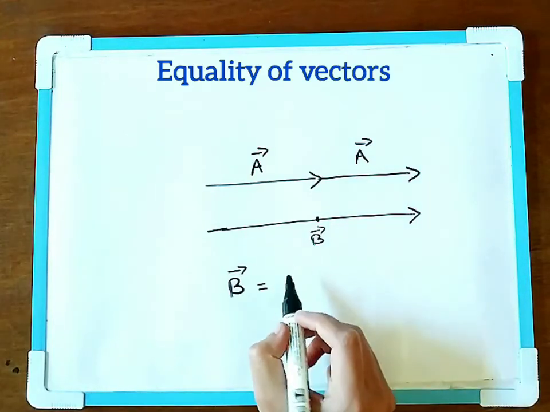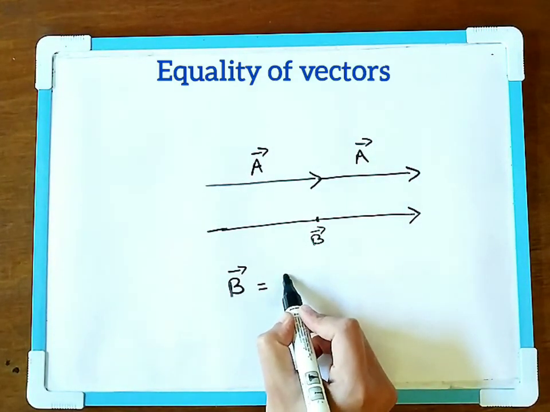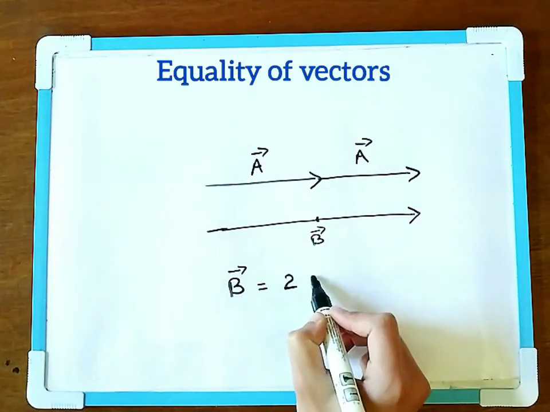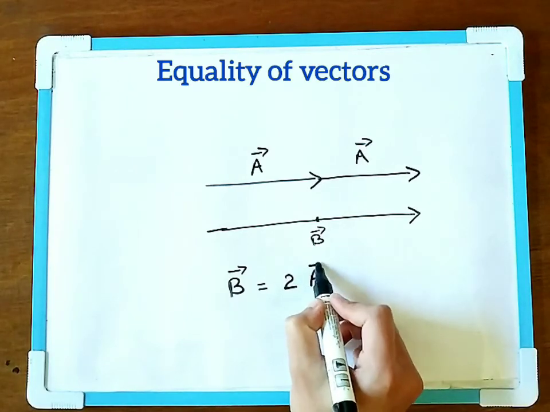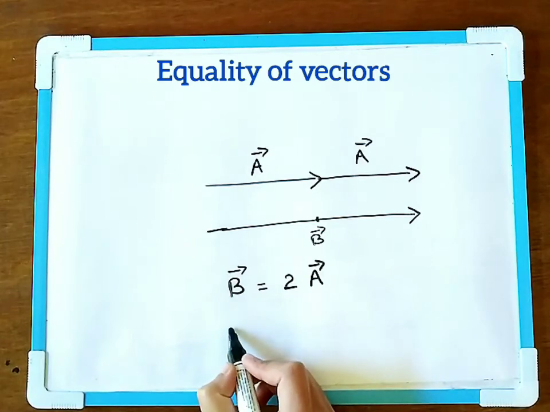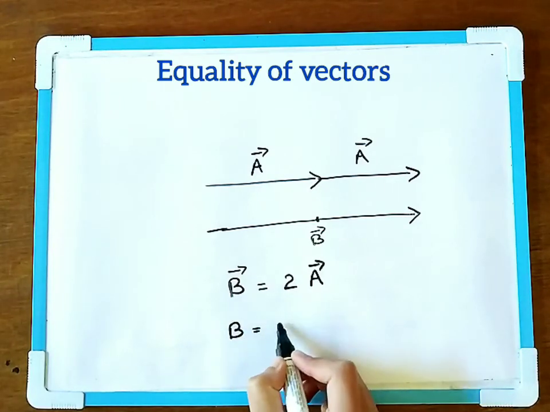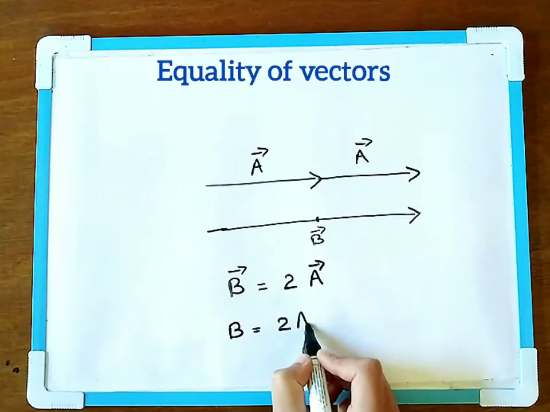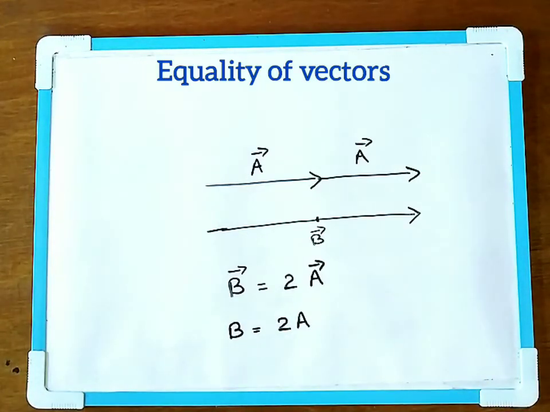Alright, so here what we'll do is we'll just multiply this 2A vector. We cannot multiply the direction, we'll have to multiply the magnitude. So in magnitude, if we take just the magnitude, B is equal to 2A. So this indicates that the vector is in the same direction but has a different magnitude.